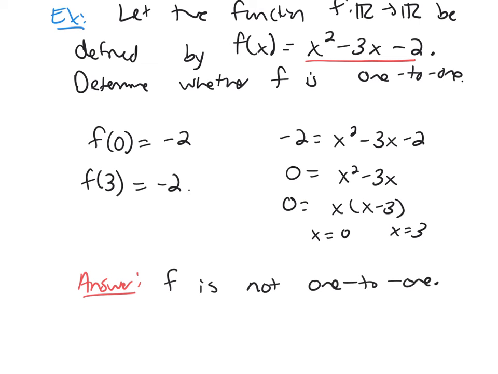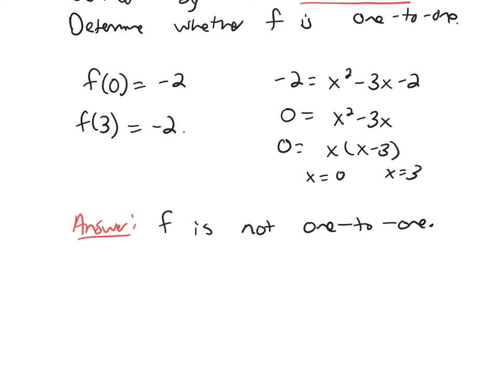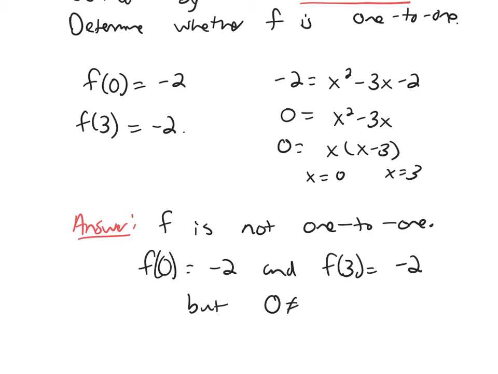And to justify your answer here, you're saying it's not one-to-one, you don't give a proof. You're going to find a counterexample. So here, if I plug in 0 into f, I get -2. And if I plug in 3 into f, I also get -2. But these inputs aren't the same. 0 and 3 are not the same. So again, what you needed to do is give a counterexample.